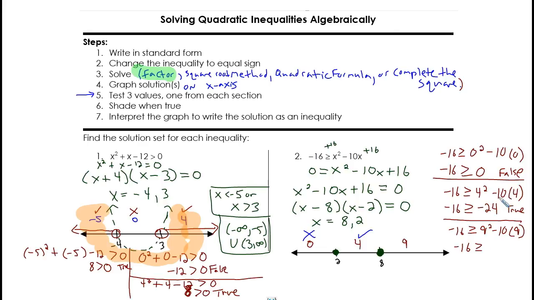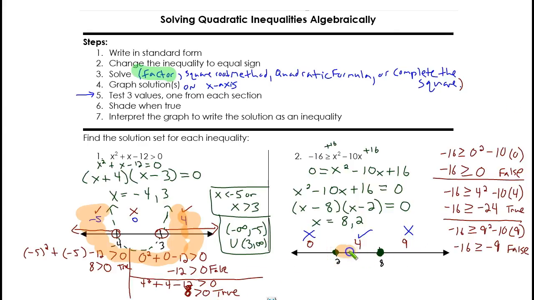So 81 minus 90 is negative 9. Is negative 16 greater than negative 9? Well, negative numbers are to the left on a number line, right? So negative 16 is to the left of negative 9, which means it's not greater than negative 9. So that's a false statement. This one doesn't work.